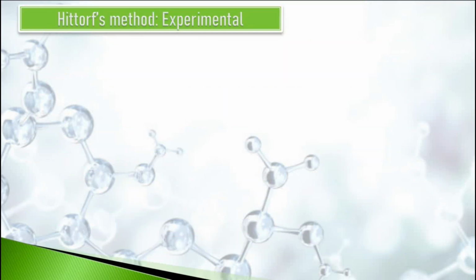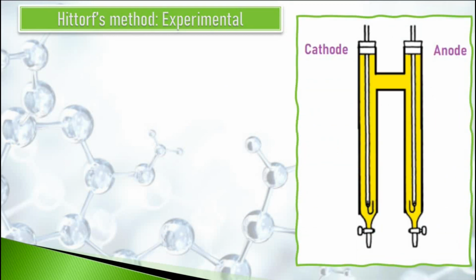Experimental part of Hittorf's method. The electrolytic tube used for the determination of transport number by Hittorf's method is shown here. It is one H-shaped tube and it has two limbs. One is the cathode and another one is the anode. These vertical tubes are about 1.5 to 2 centimeters in width and 20 to 25 centimeters approximately in length.